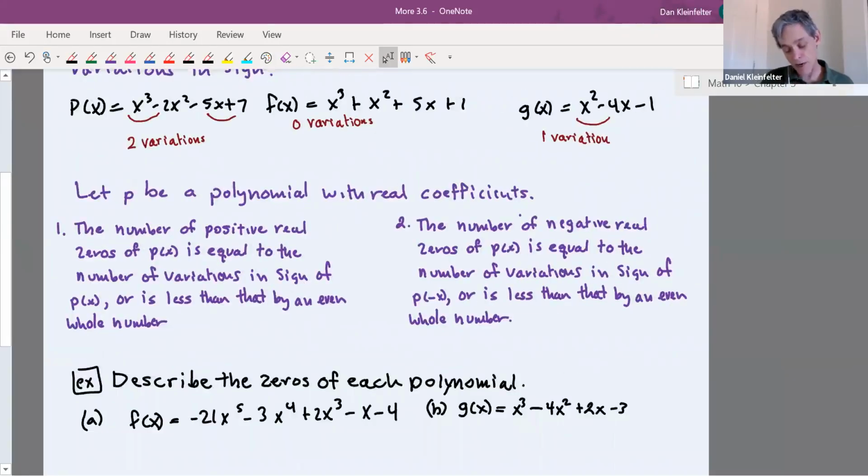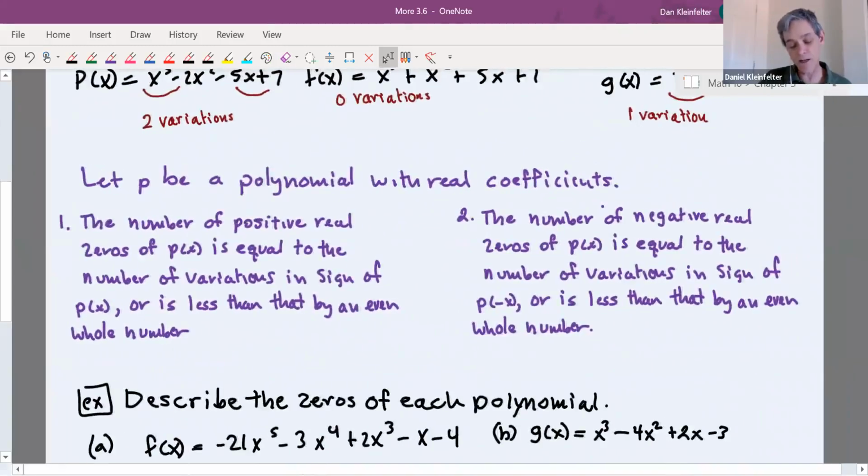All right, so now I've restated what Descartes' rule of signs says. There are basically two statements. One tells about how many positive zeros there are. The other one tells about how many negative zeros there are. Let's take positive first. The number of positive zeros is either equal to that number of variations or is less than that by an even whole number.